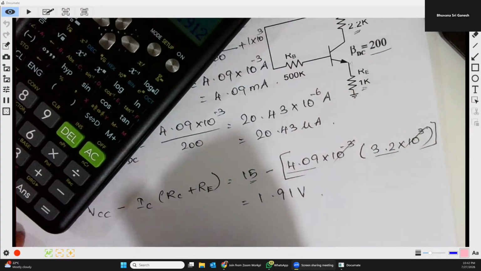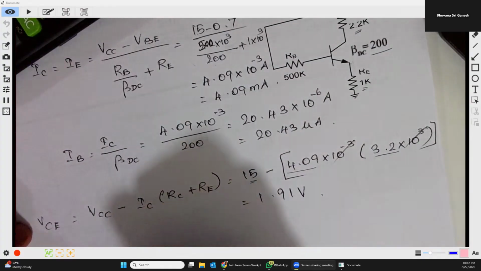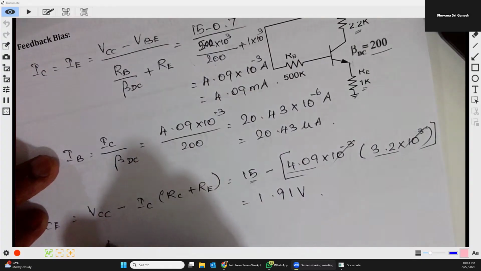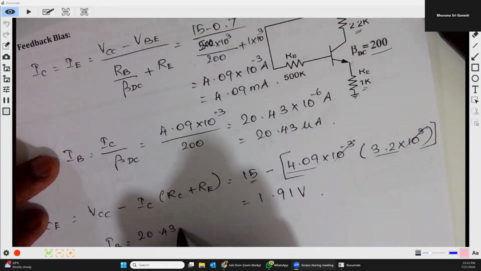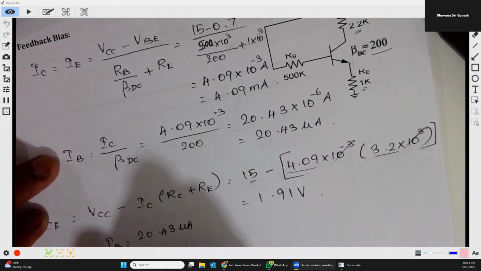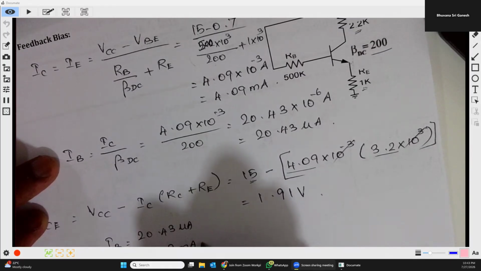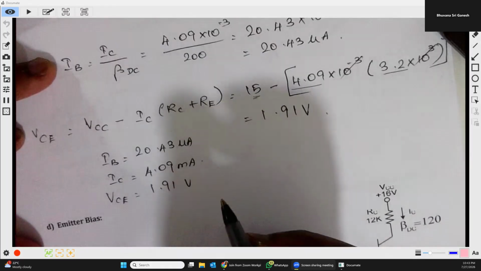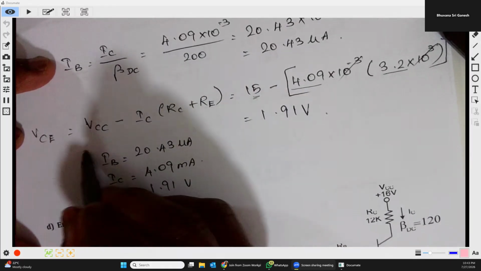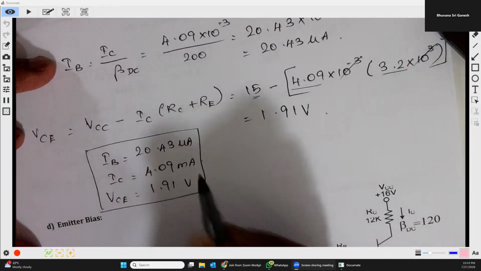All right. So the three things: IB is 20.43 microamperes, IC equal to 4.09 milliamperes, and VCE equals 1.91 volts. So we have all the three required answers. We have solved this problem.